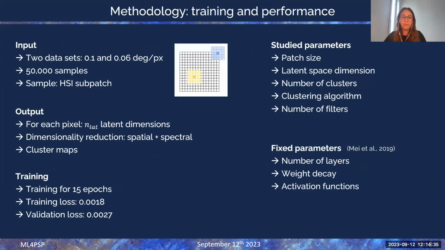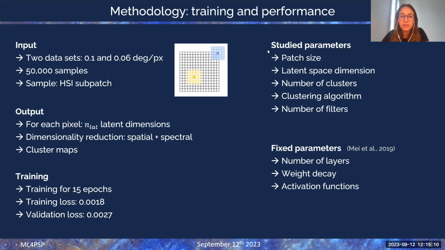I will not go into more detail with the architecture, but feel free to ask any questions later. Just to show some parameters of this architecture, we use as input patches of the hyperspectral image. So we don't provide the entire image of a deposit, but patches around a single pixel. As an output, we get for each pixel the number of latent dimensions that we select. Once again, it is very important that it's extracting for each pixel information from both its spectral domain and also the surroundings.